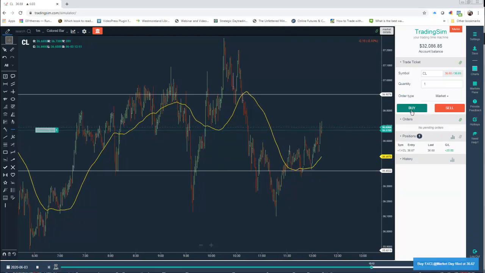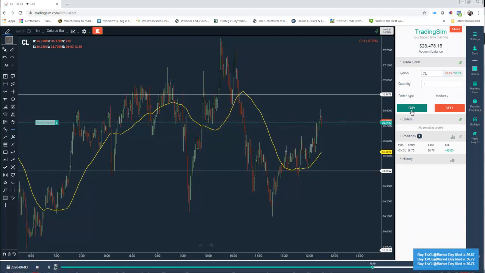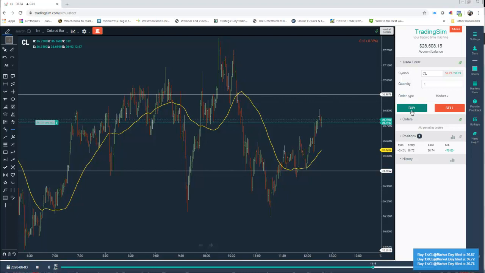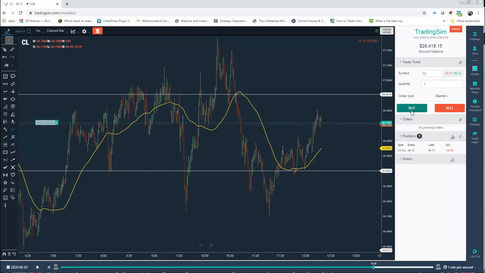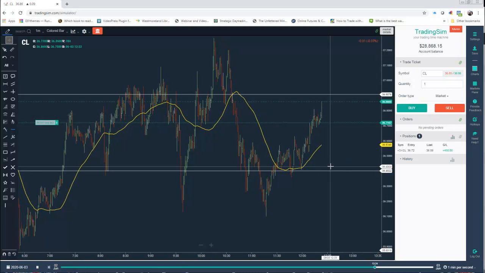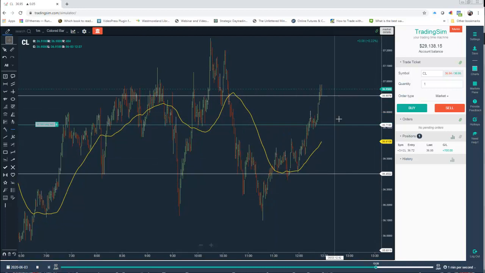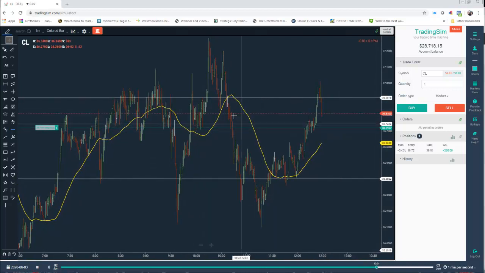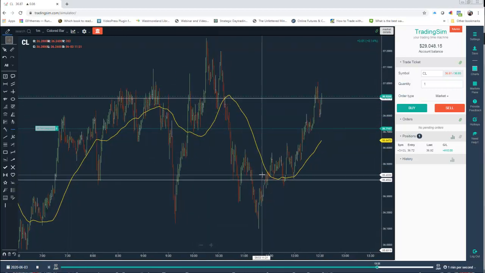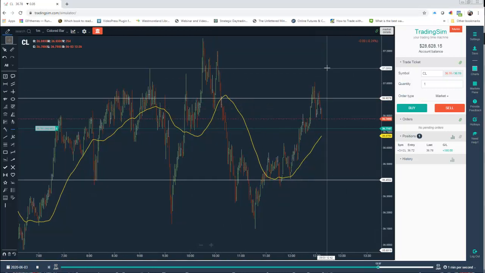This is where I want to buy again. We're angling up. So that was some bad trading right there. I was right, but wrong all at the same time. It happens.